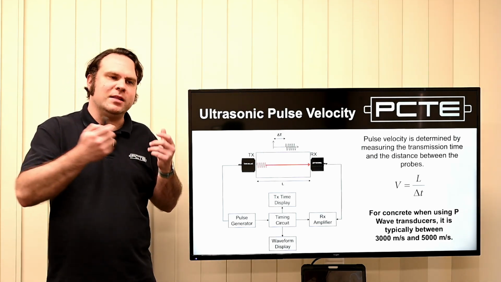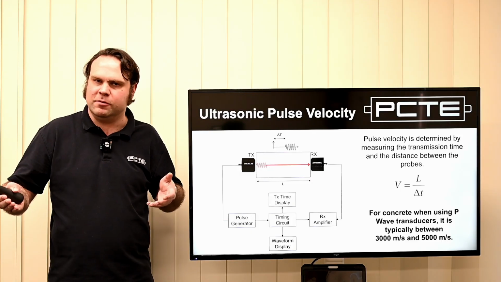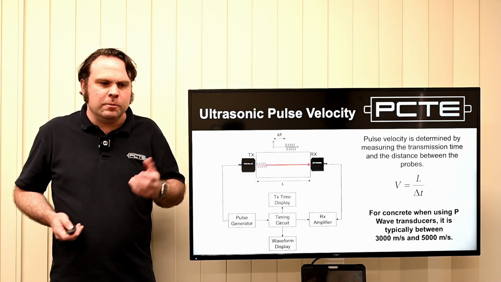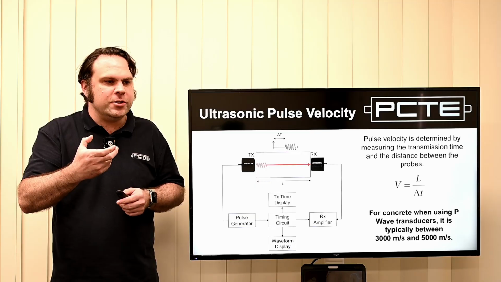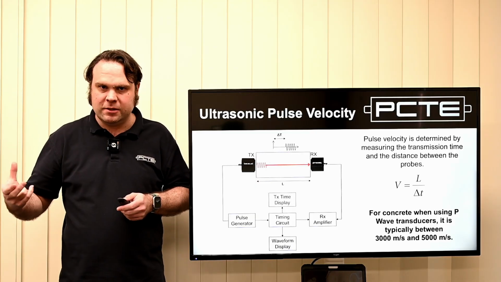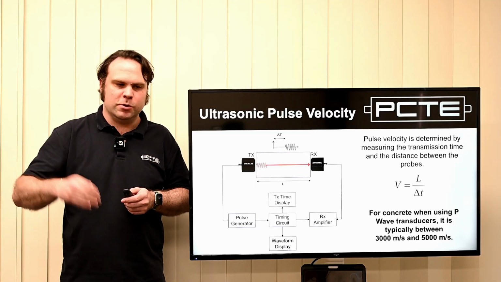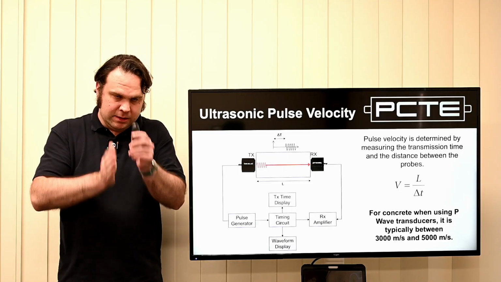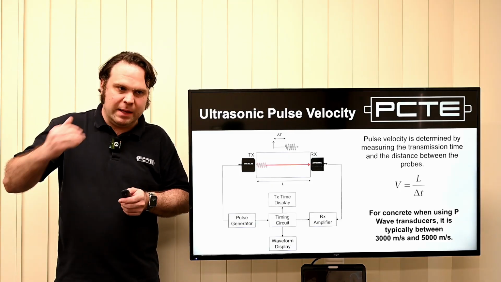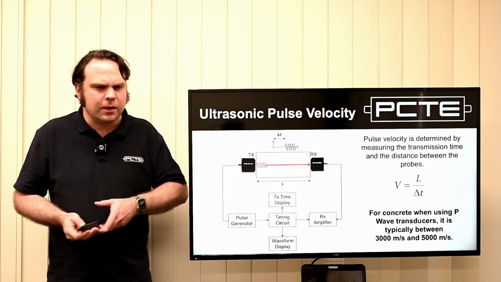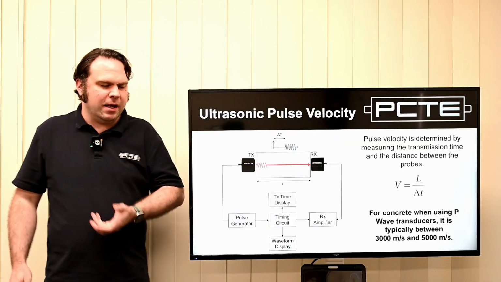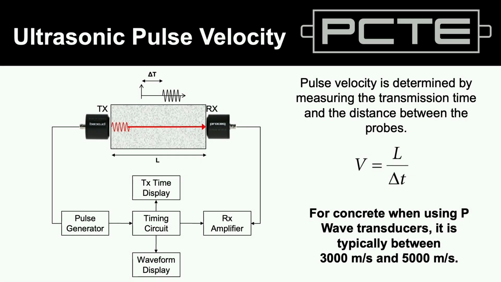It has to transmit that energy through cables, which is the speed of light effectively. So the reason that you'll see those calibration bars with your pulse velocity devices is they're used to eliminate any time lag from the measurement in between the sender and receiver. And also we need particular electronics to produce pulses that'll trigger the test and give us all that information.